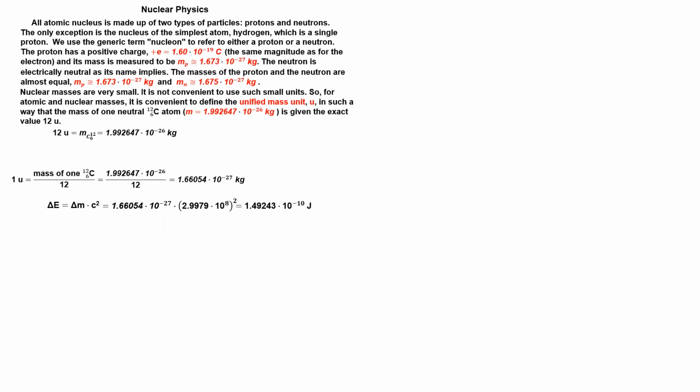Masses can also be specified using the electron-volt energy unit. The relationship between the electron-volt and the joule is as follows. So we can find the energy equivalent of one atomic mass unit in electron-volts as follows.